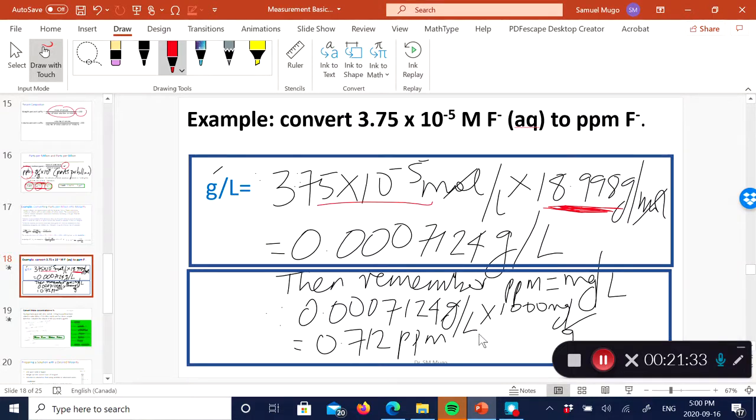After that, I can multiply by 1,000 to get milligrams per liter, which is the definition of parts per million. So take note of those simple conversions.